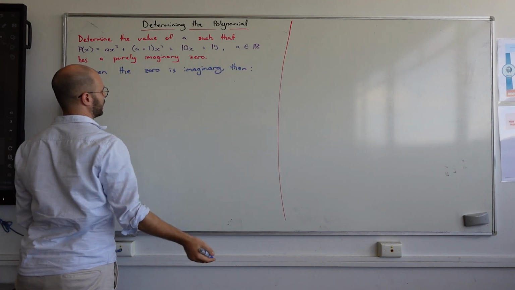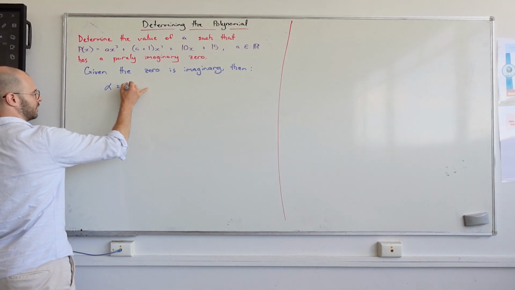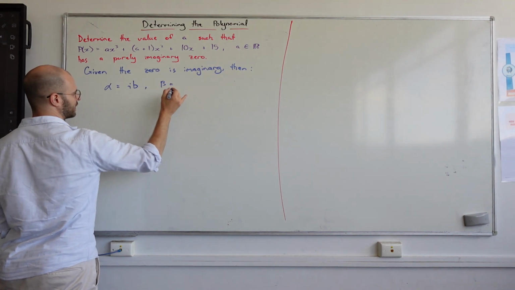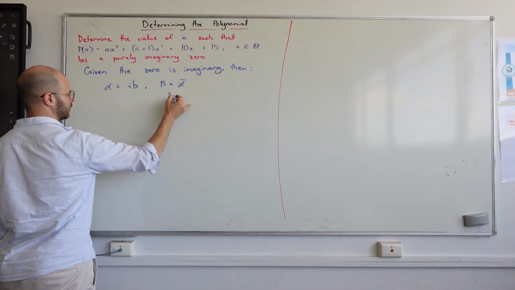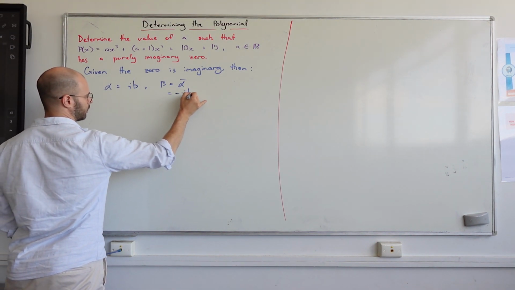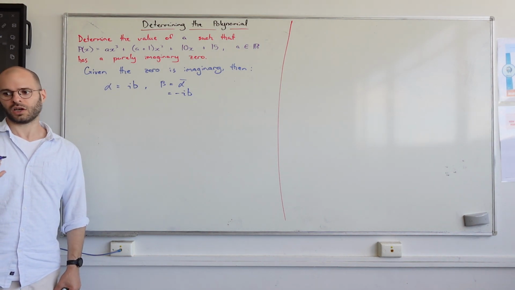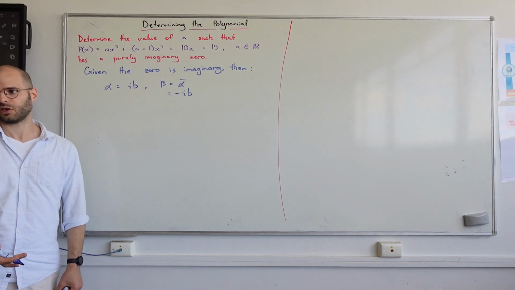Given that it's purely imaginary, our alpha has to be ib, and hence our beta has to be the conjugate of alpha, which has to be negative ib. Does that make sense? So we don't know anything except it's purely imaginary, so there's no real component.